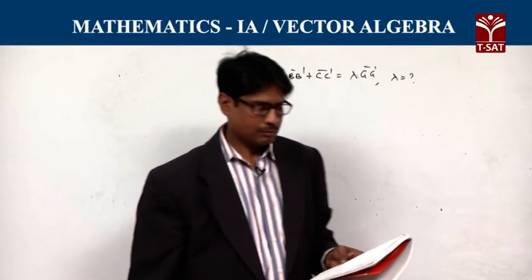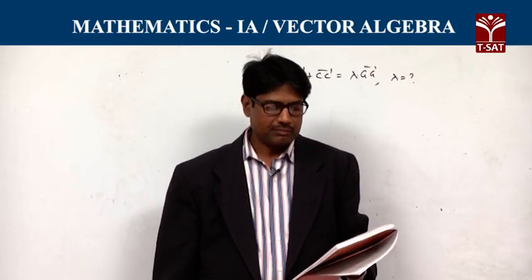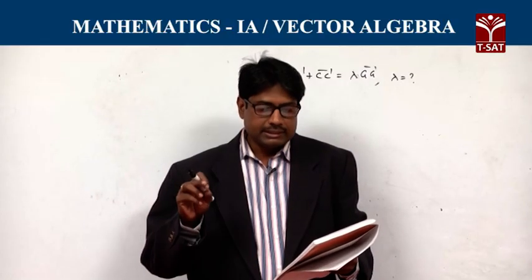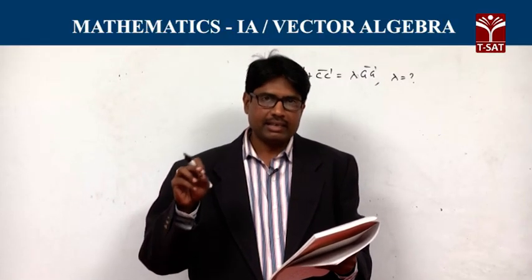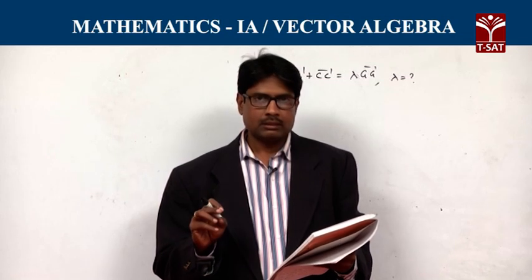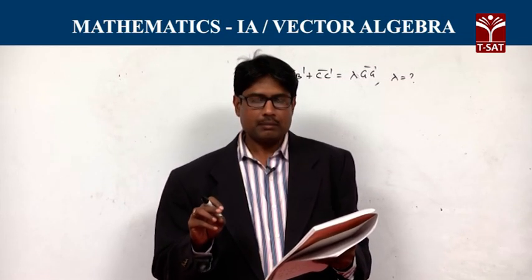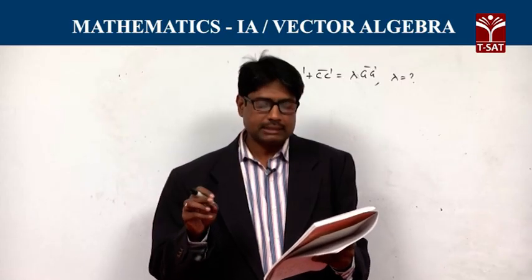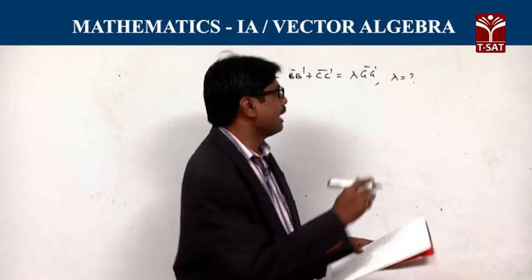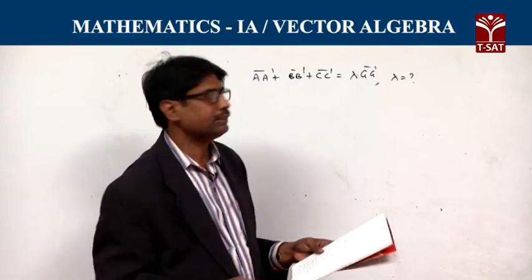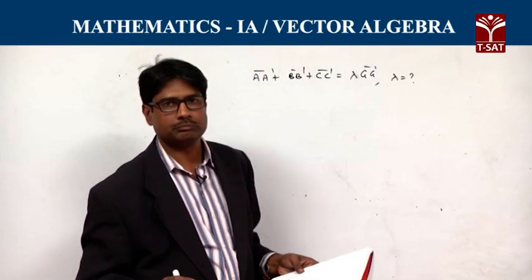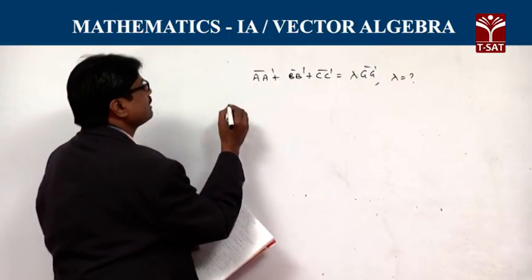Repeat the question: G is the centroid of triangle ABC, G dash is the centroid of triangle A dash B dash C dash. This satisfies the relation AA dash bar plus BB dash bar plus CC dash bar is equal to lambda times GG dash bar, then tell me the lambda value. So, take the resultant answer.